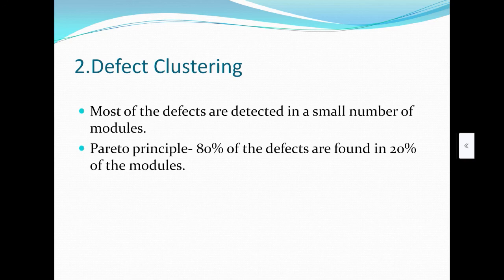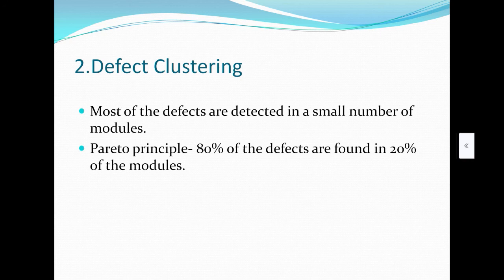Now, Pareto principle talks about 80% of the defects being found in 20% of the modules. So majority of the defects are found within a very few sections of the modules within the application. What do we do here? We focus on this 20% of the modules and have a good coverage of tests for these 20% of the modules, right?